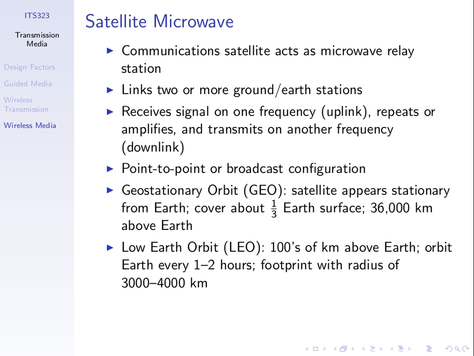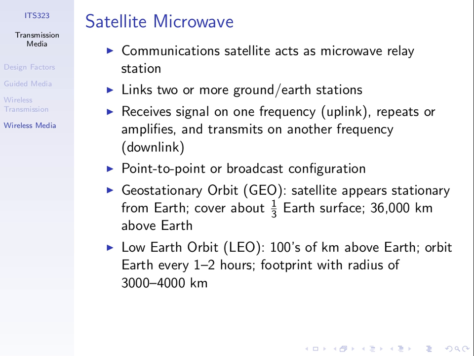As the Earth is rotating, the satellite is rotating at a rate such that it's always above the same point at the same time. To achieve that, the orbit is about 36,000 kilometres above the Earth.